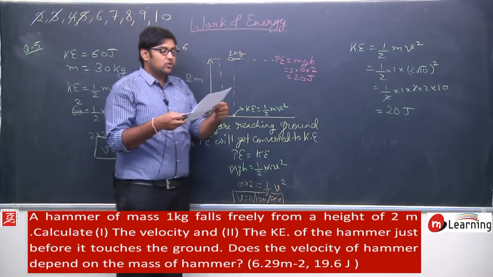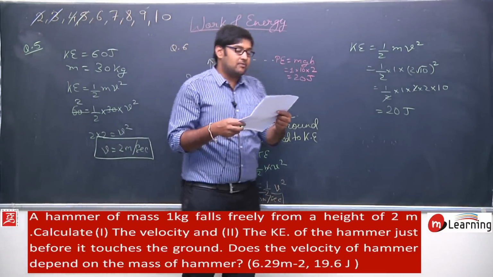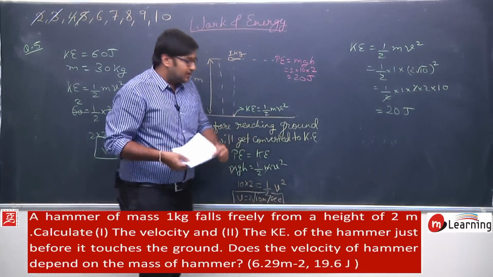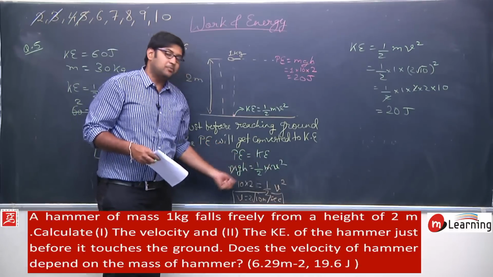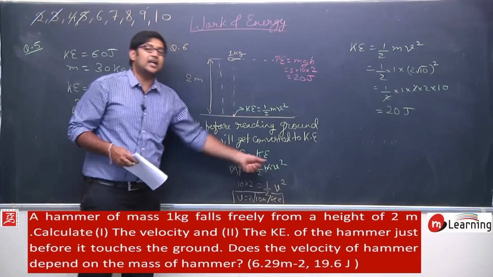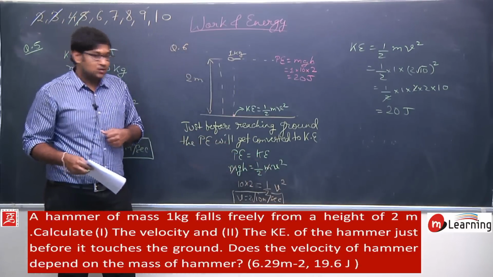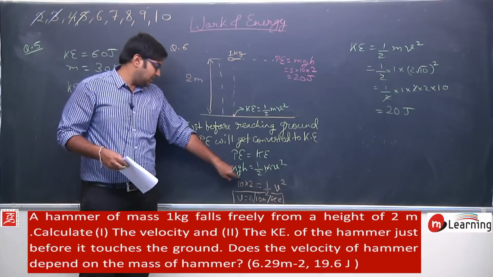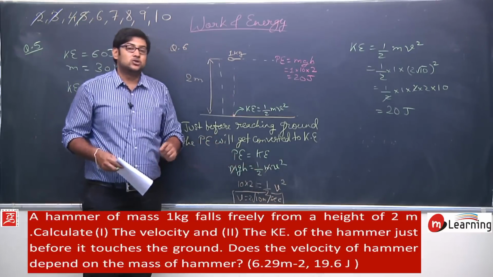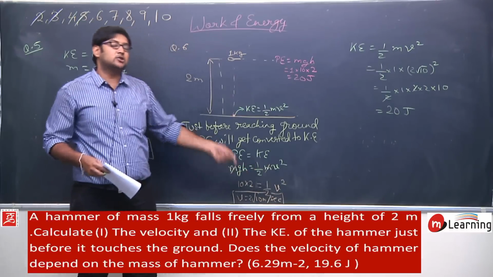Now it asks one more question: does the velocity of the hammer depend on the mass of the hammer? Here we can see that when I am equating the kinetic and the potential energies, the mass is getting cancelled from both sides. So the expression for velocity contains only g, h and this 2. The variable thing is only h; g is also a constant.